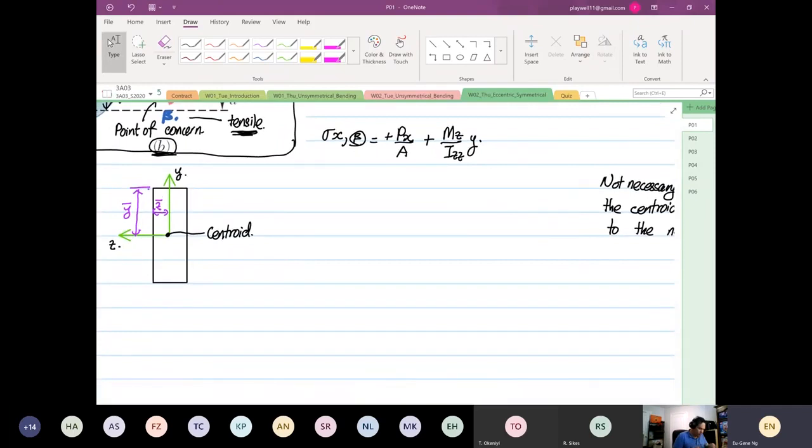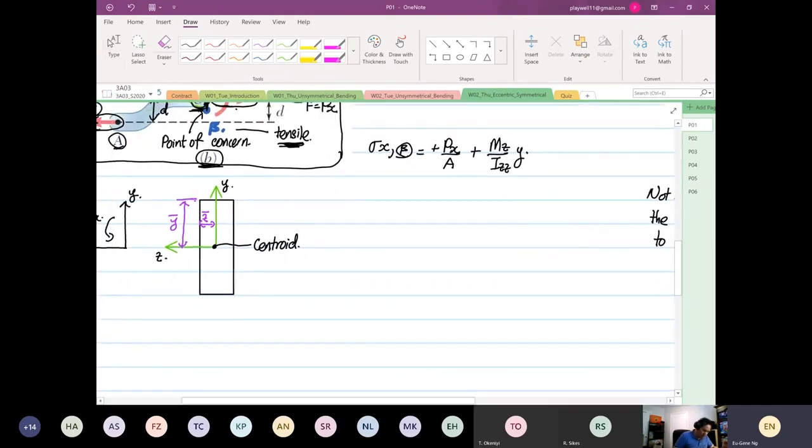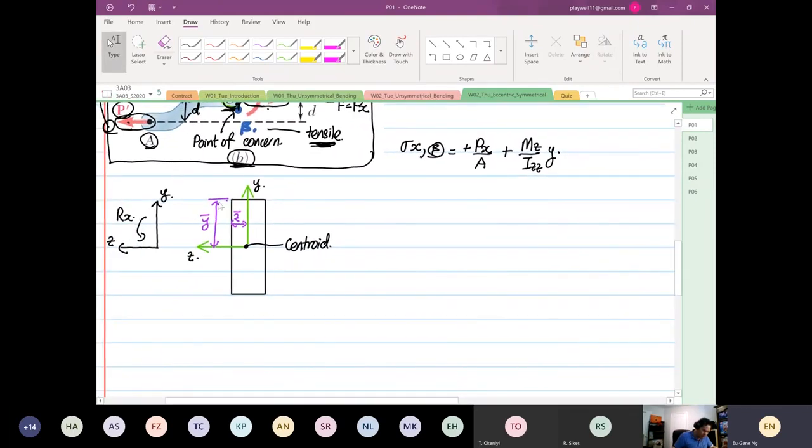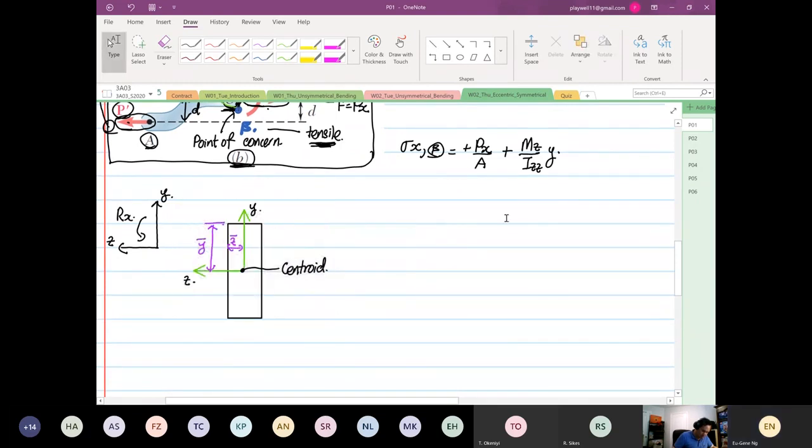So why is that? Now we are going to sketch the stress profile. Our x-axis is our normal stress, so this is our stress x, and our y-axis is basically y.